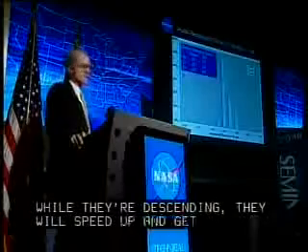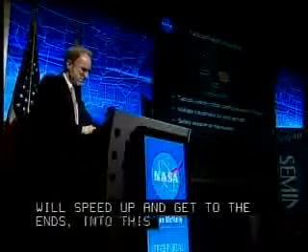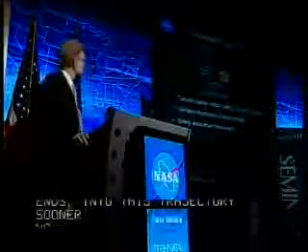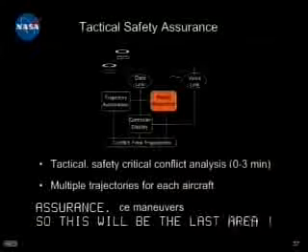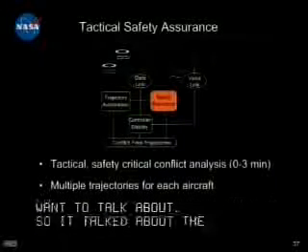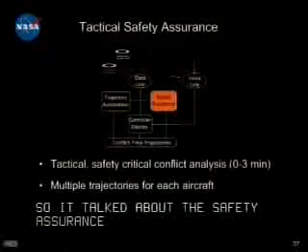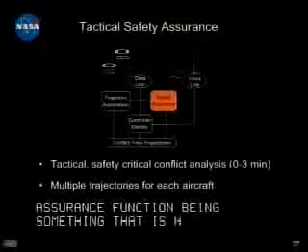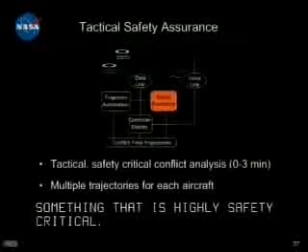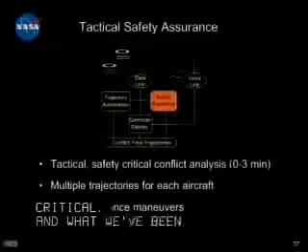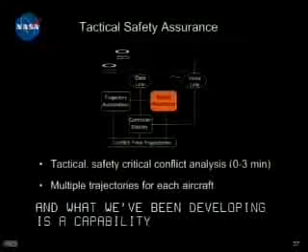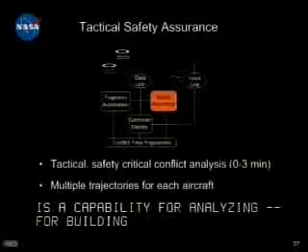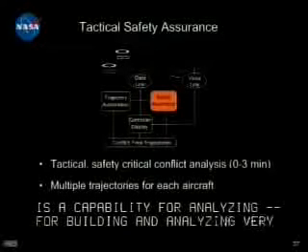Okay, now I'd like to go to the safety assurance. This will be the last area I want to talk about. I talked about the safety assurance function being something that is highly safety critical, and what we've been developing is a capability for building and analyzing very short-term trajectories for all the aircraft.